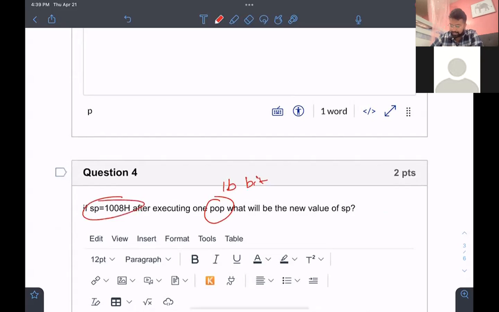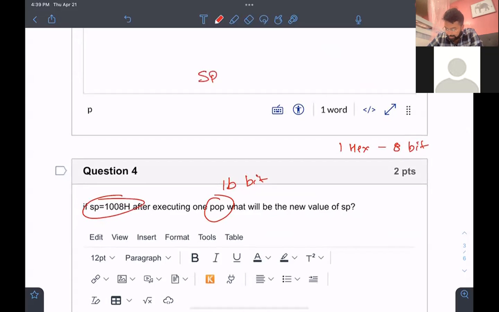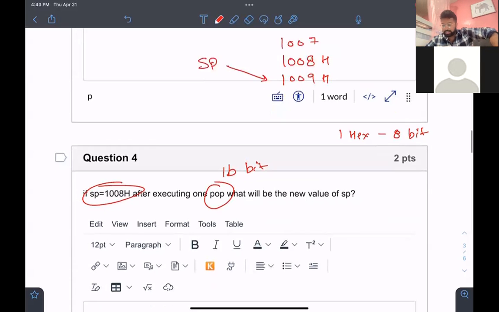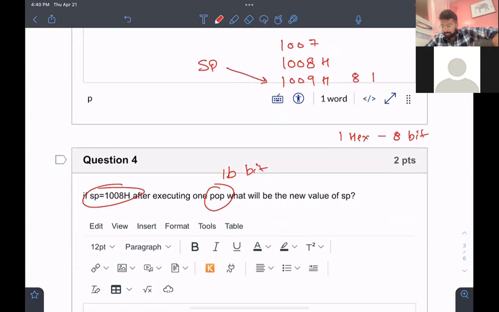Okay, this is hex. 1 hex is 8 bits, right? So if right now our SP is at 1008H, this is 1007, this is 1009H. If I'm popping, I'm putting the value back, so my stack pointer will point at a new location. If it pointed just one location up, it would have popped 8 bits.